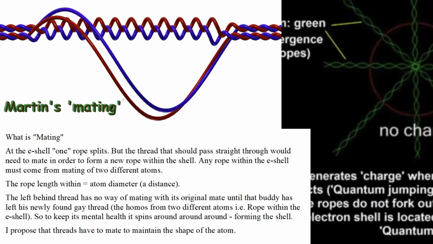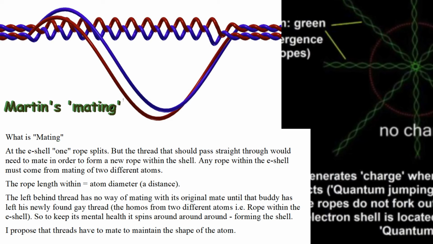And that's another version, which is not so bad at all. What we're saying here is the following. You can either think of the electron, the magnetic thread, as undulating all around the electron shell, which is what Mr. de Broglie proposed.